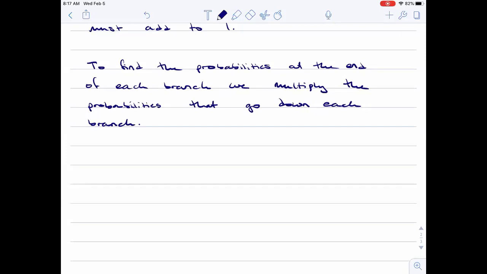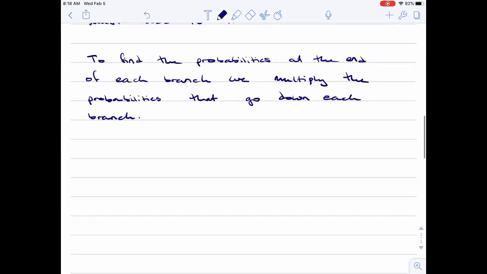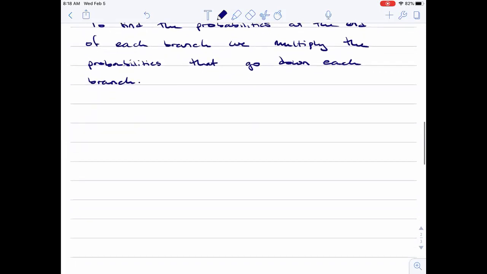So now, if we recreate this, because I don't want to keep scrolling up, I can say that the probability of M, we said, was 0.13. The probability of the complement of M, just to reiterate, is 0.87.